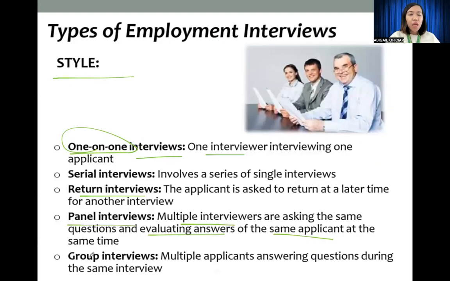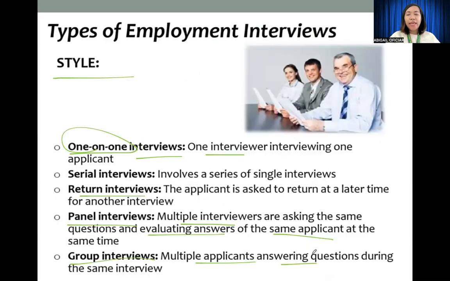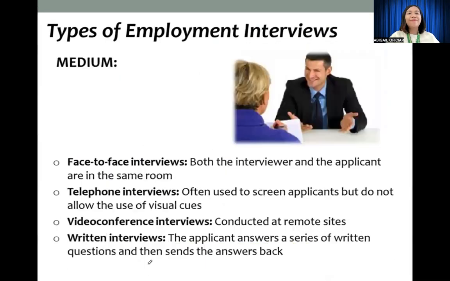Okay, next is group interviews, multiple applicants answering question during the same interview. So it's like this, okay? It's like the team interview here. Okay, that's group interview. Next, in terms of medium, we can do face-to-face interview. You know this already.